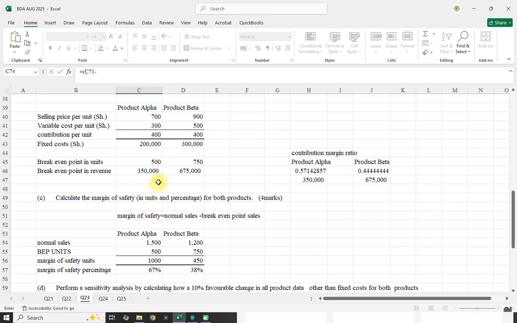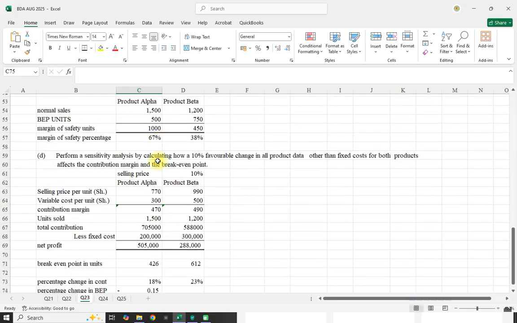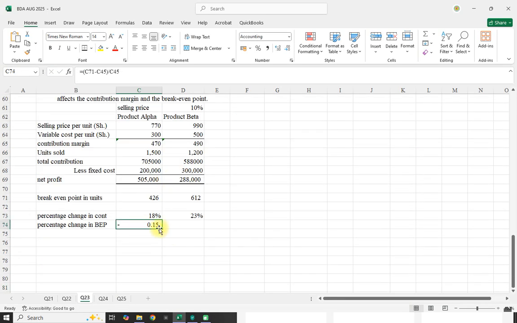divided by the original BEP. So this one has reduced in percentage.